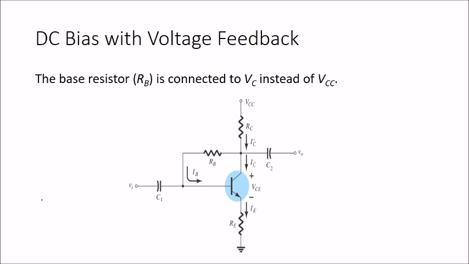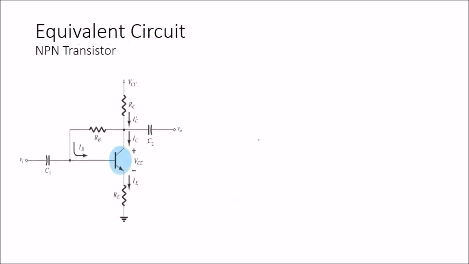The difference from the emitter bias configuration is that RB is not connected directly to VCC, but it's connected to this point, which we can say is VC, not VCC. So for the equivalent circuits, keep in mind that the loop should be closed, which means it starts from the power supply and finishes at the ground.